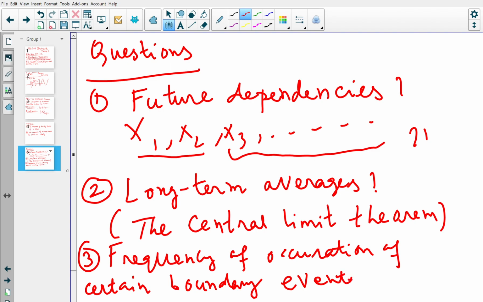So what does that mean? That means, for example, how often does the share price drop by say 10% in a day.